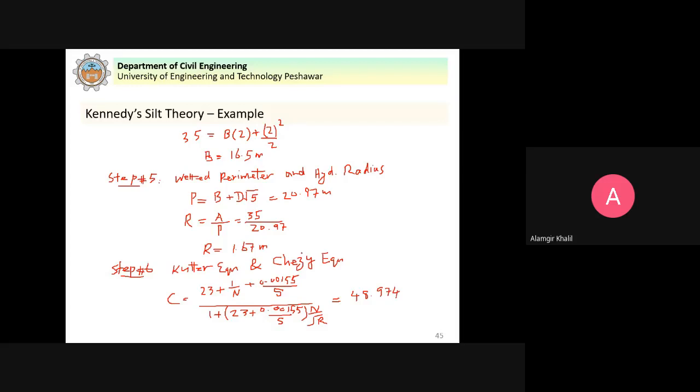Now we can use the Chezy formula. V is equal to C into square root of RS. So we have all the values clear.